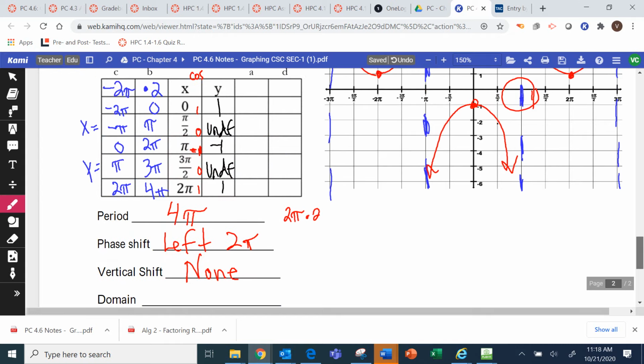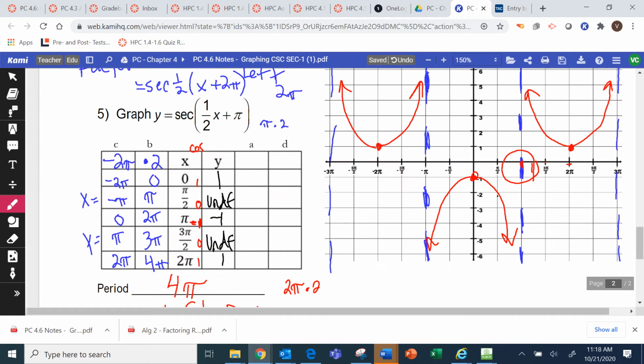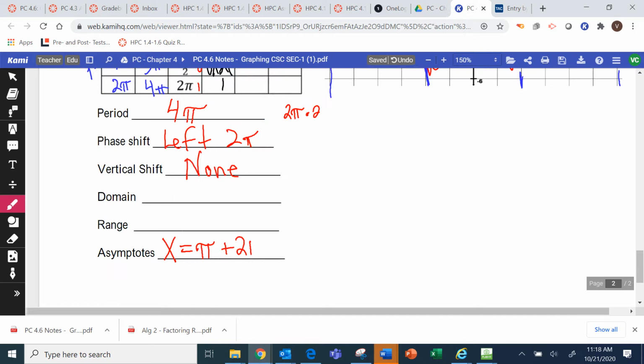Right, so we're going to start with pi. Now I'm going to write it. So they're 2 pi apart. And then we say of the integers.